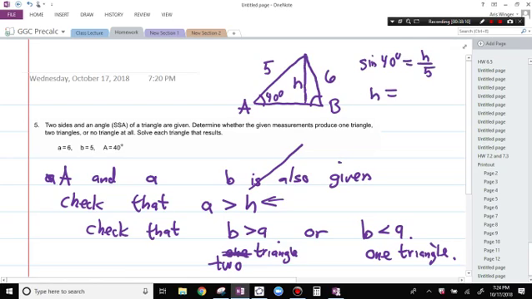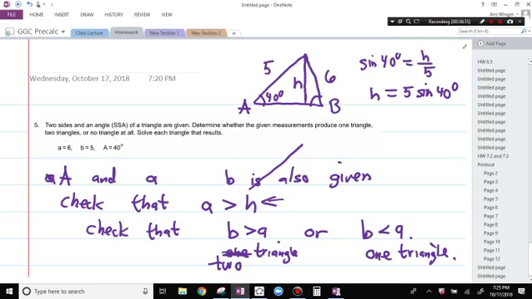And so the height is always the hypotenuse times the sine of the angle. Then you actually have to calculate that. So now the question becomes, is 6 more than 5 sine of 40 degrees? The answer is yes.